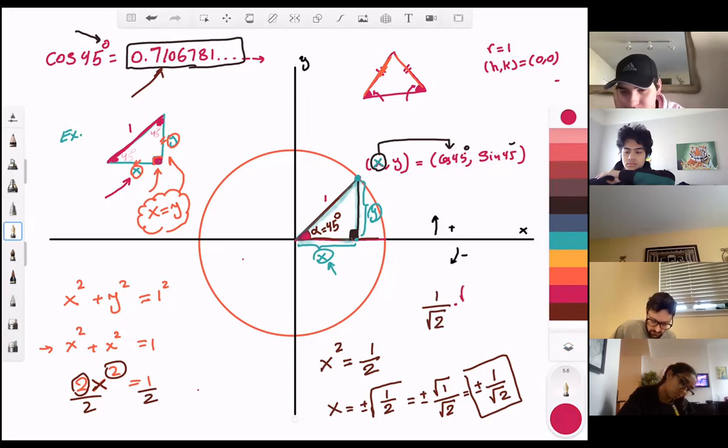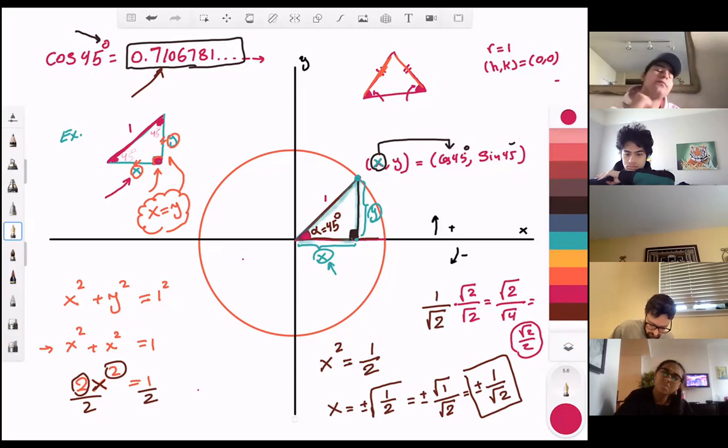So I'm going to multiply by radical 2 over radical 2. I get radical 2 over radical 4, equal to radical 2 over 2. So we got y equal to radical 2 over 2 and x equal to radical 2 over 2.